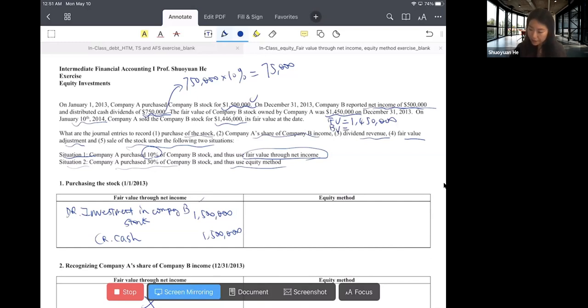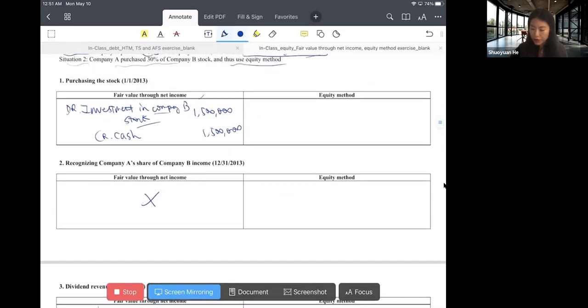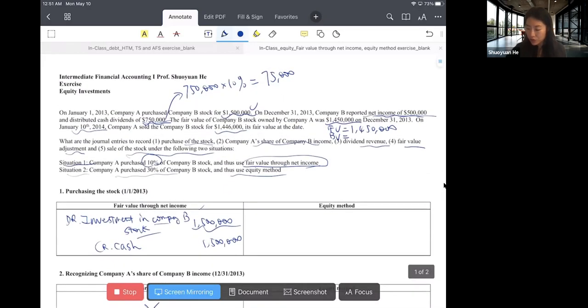The investment in company B stock was originally recorded at 1.5 million and nothing touched it, so it is still 1.5 million.